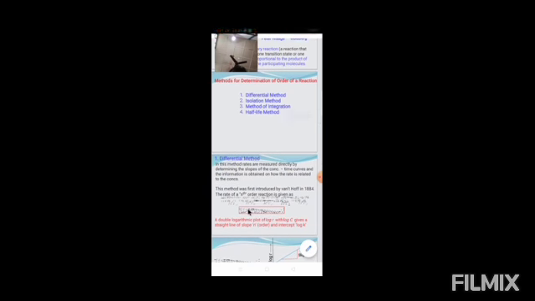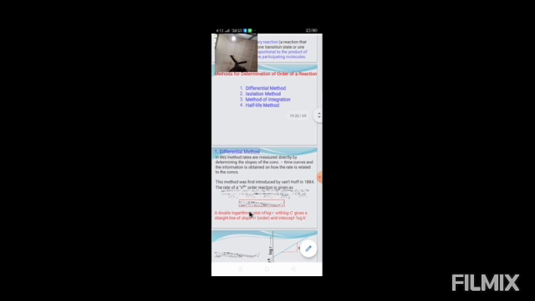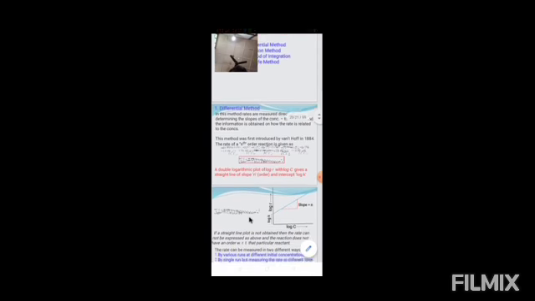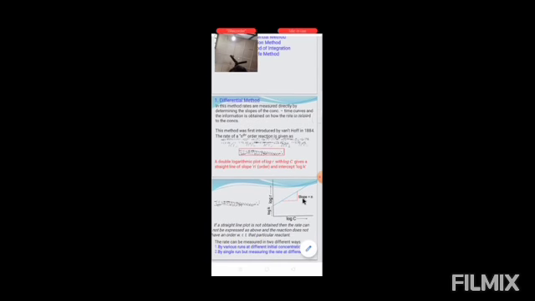The method was first introduced by Van't Hoff in the year 1884, and the rate of nth order reaction is given by the equation. A double logarithmic plot of log R versus log C gives a straight line with slope n, the order, and intercept log k. So the slope equals n, and the intercept is log k here.